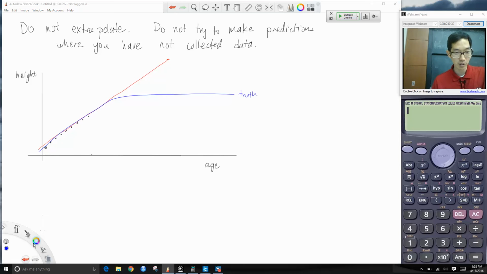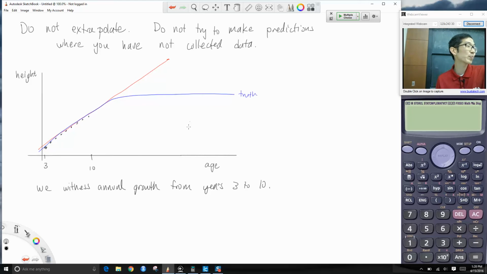So from age 3 to age 10, we witness annual growth. But we cannot just project that this will continue on for the next 30 years.